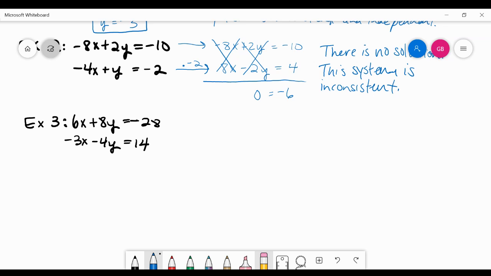So let's do that. I'm going to multiply the second one times 2. So that leaves me with negative 6x minus 8y is equal to 28. Copy the top one over, 6x plus 8y is equal to negative 28. So now I'm ready to add.